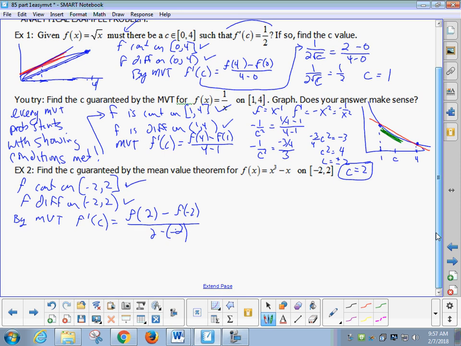What's the derivative at c, Ellie? 3c squared minus 1. Wait. F at 2, what is it? Waller? 6, I agree. F at negative 2, Brian, what is it, my friend? I disagree. Try again. Oh, yeah, negative 2.